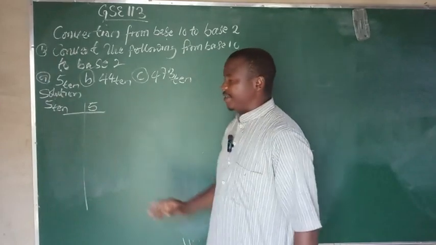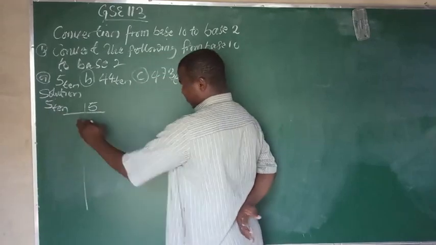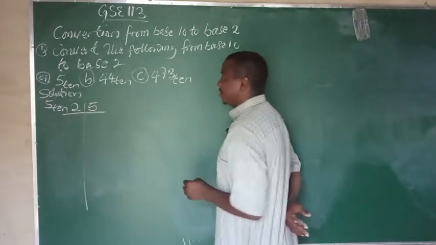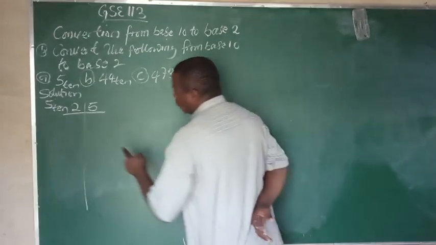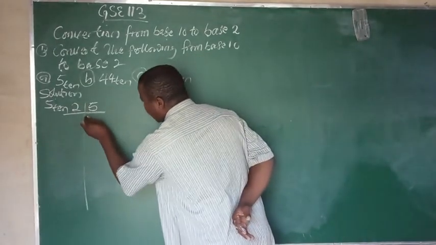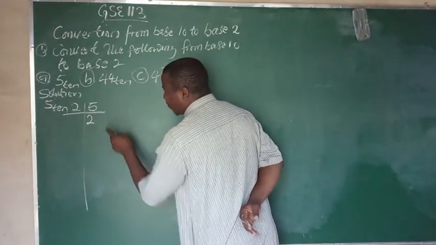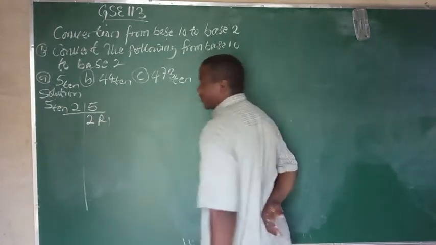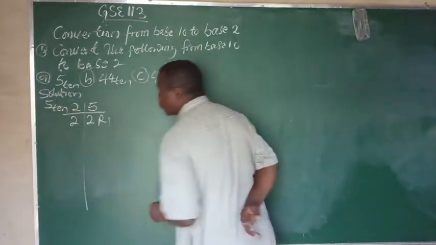Then we divide by 2 because we are asked to convert it into base 2. So 2 into 5, we have 2. Then 2 times 2 will give us 4, it's not up to 5, so we have remainder 1.